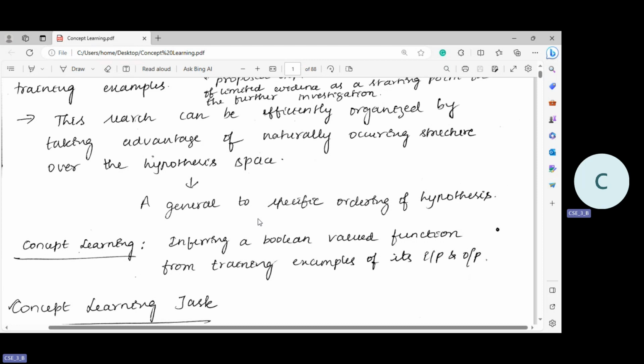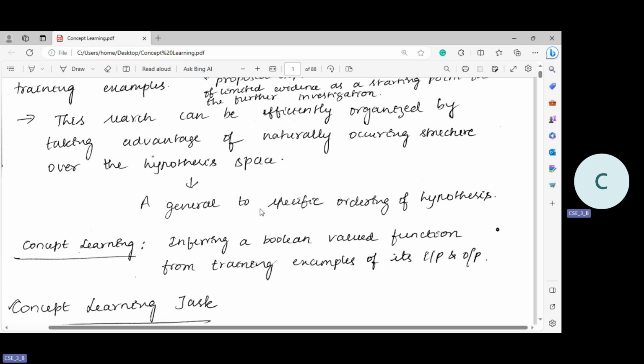That is, we are able to learn the concept. So to learn the concept, we fix the boundaries, from specific to generic boundary.